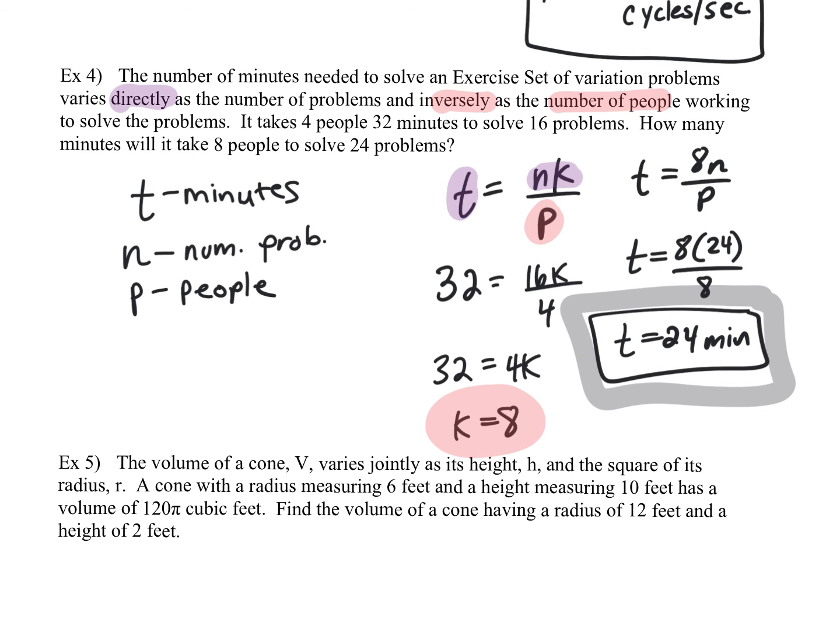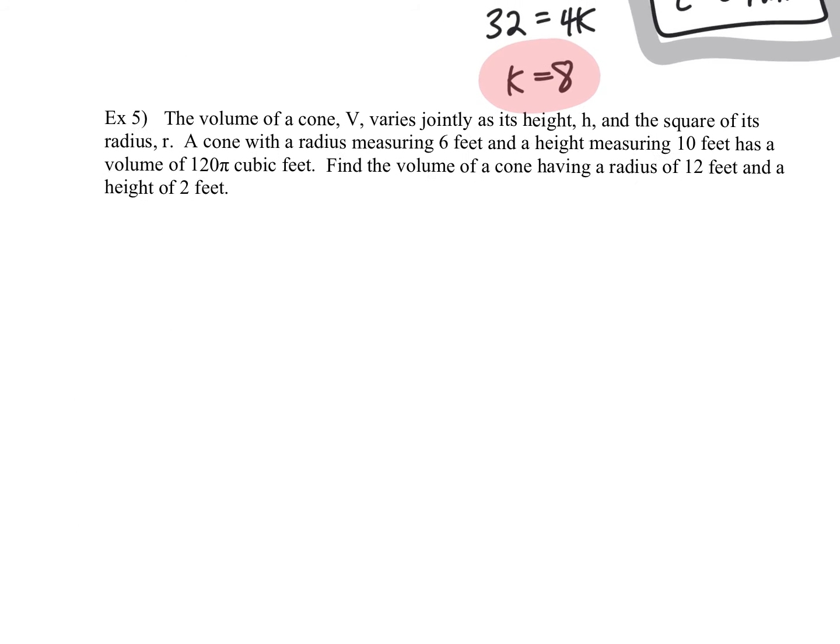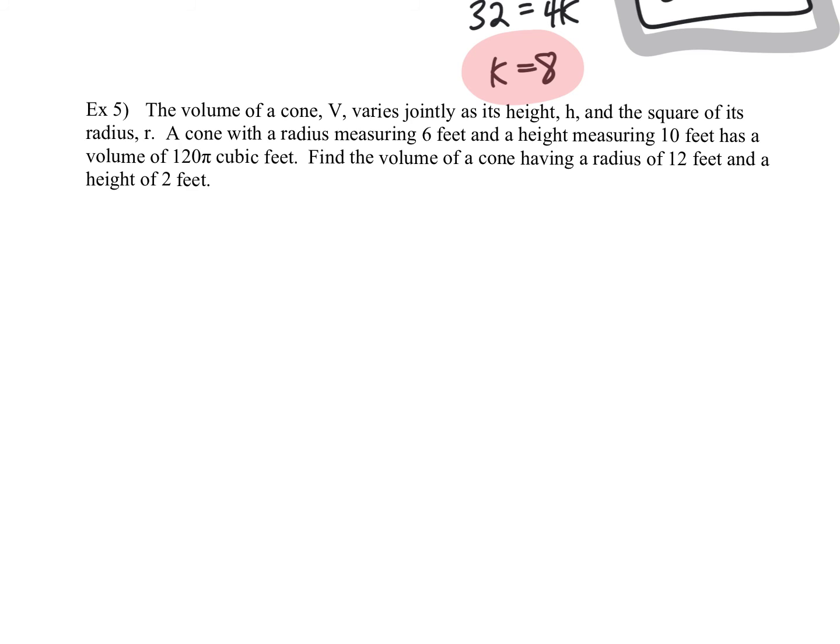We have one more problem I want to look at together. This is example 5. They tell us that the volume of a cone, V, varies jointly with its height and the square of its radius. So there's some constant that gets multiplied by its height and its radius squared. Just make sure you're reading carefully here, right? The square of its radius means that we have to square that R value. Now we're going to go ahead and find k.